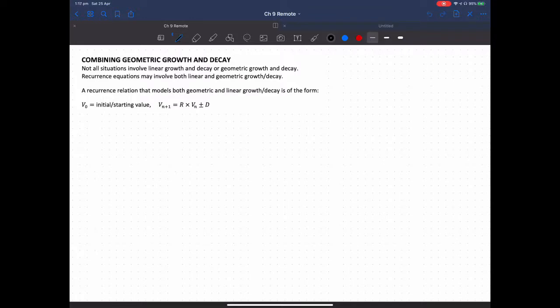The recurrence equation that we have written down says V0 equals the initial or starting position. Previously, we've been having that as the principal, but not all situations deal with money. For instance, you could be looking at an animal population where V0 is the number of animals that we start off with.